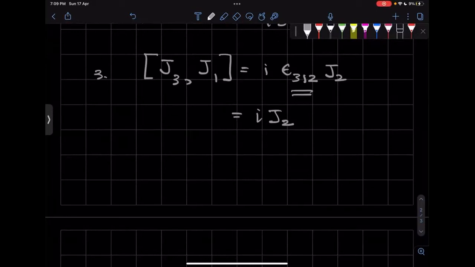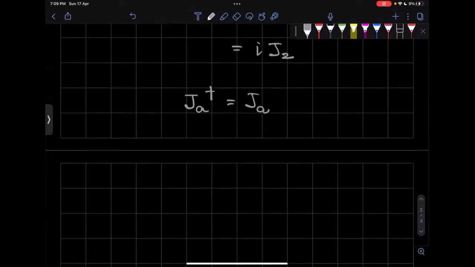If SU2 is unitary, then what conditions do the J's have to satisfy? Hermitian. Right. So all these J's are Hermitian.